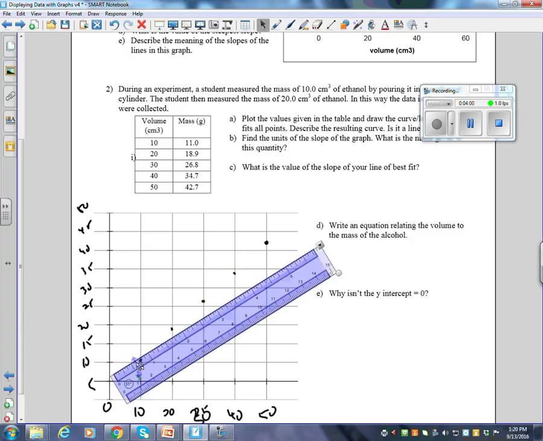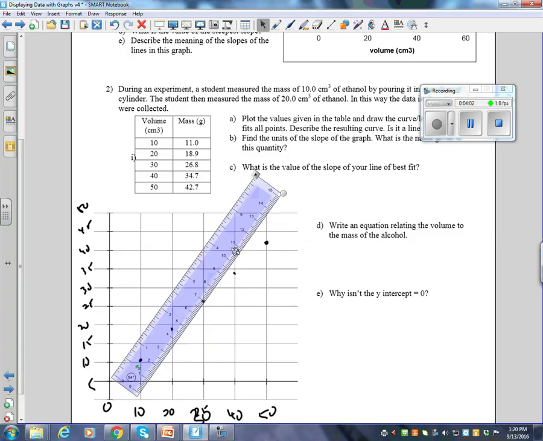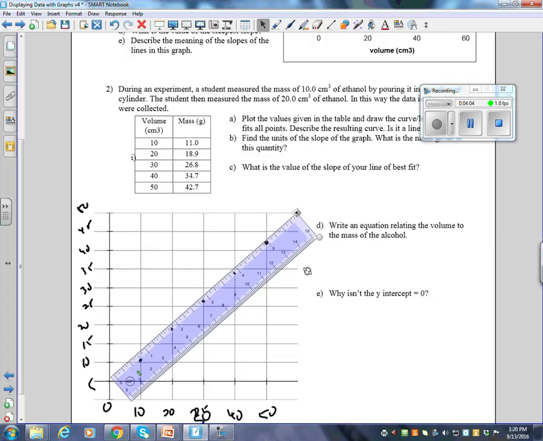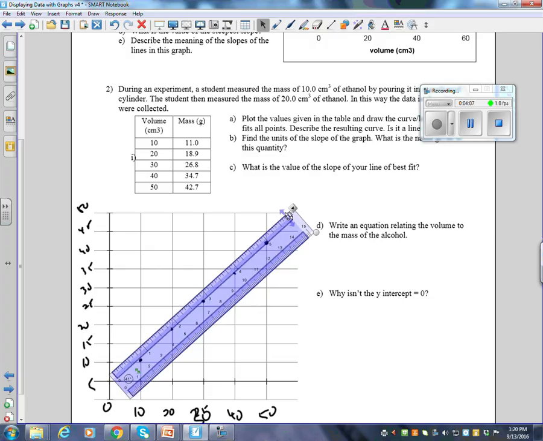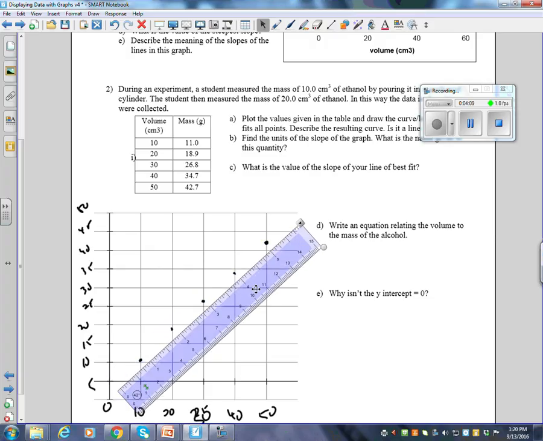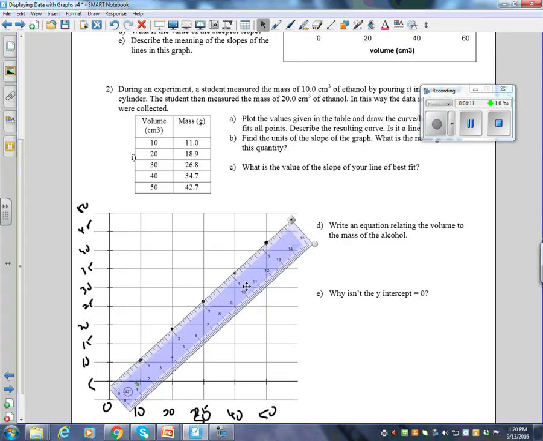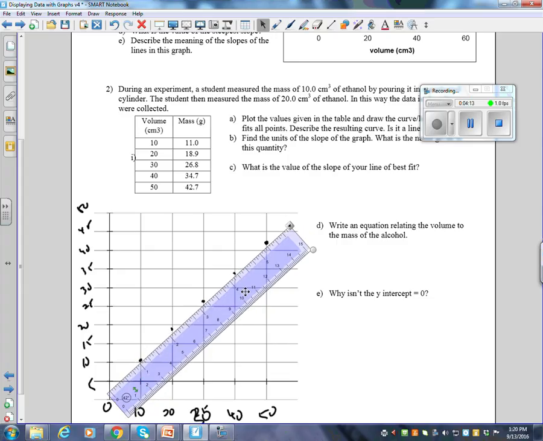Is that not a perfectly straight line? See, it's hard to do up here. You guys have it easy. Does that not make it perfectly straight line? It's pretty close, right? Now, is it always going to be nice and straight like that? I'm going to go with that. That's literally what you do. You take a ruler and you draw a line that describes the overall trend in one straight line.